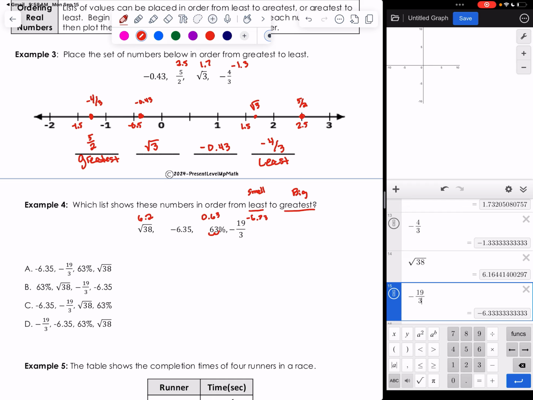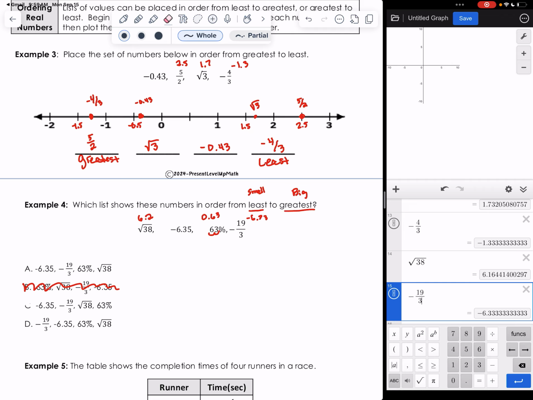All right, now we want the smallest one to come first. So the smallest one is going to be a negative number here. So I want to go ahead and get rid of answer B. Our smallest one has to be a negative. Now our largest number is going to be square root 38.